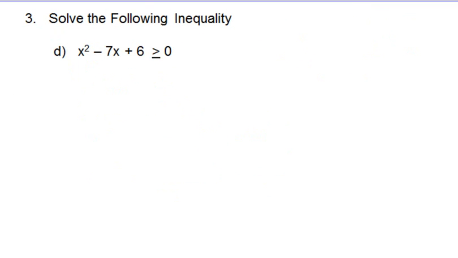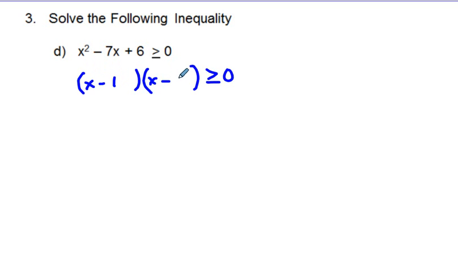Okay, next we have x squared minus 7x plus 6 is greater than or equal to 0. And so we can go ahead, we hope, and factor this expression as (x )(x ). So what two numbers do we add together to equal -7 but multiply together to equal 6?